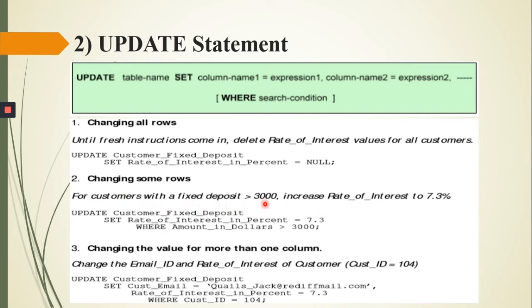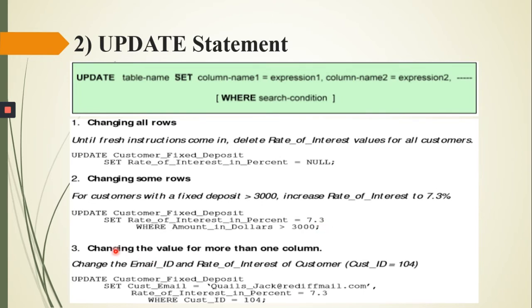The data will be changed where fixed deposits are greater than 3,000. So update customer fixed deposit, my table name. Set, what we have to increase is the rate of interest. So rate of interest in percentage is equal to 7.3. We are updating it to 7.3.